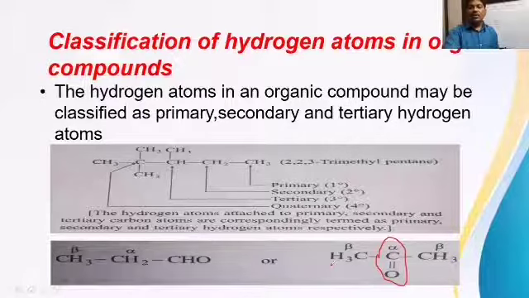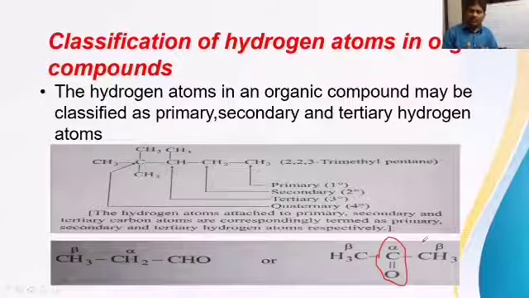So total beta carbons, how many are there here? 2 beta carbons. And how many beta hydrogens in this? On this beta carbon, 3 hydrogens, and on this beta carbon, 3 hydrogens. So totally 6 beta hydrogens. The hydrogen atoms present on beta carbon can be called beta hydrogens.